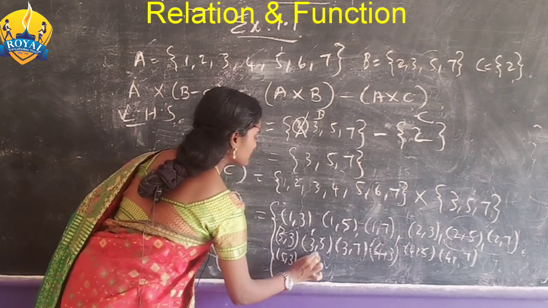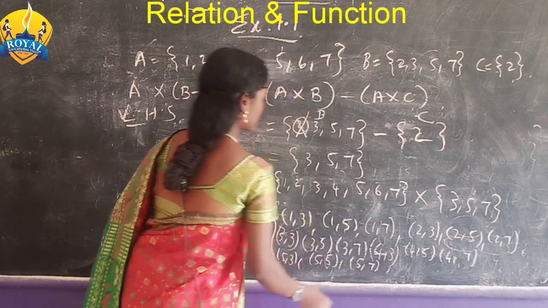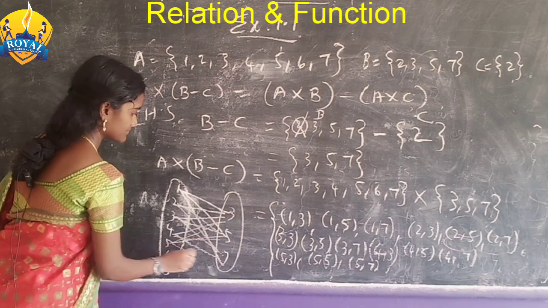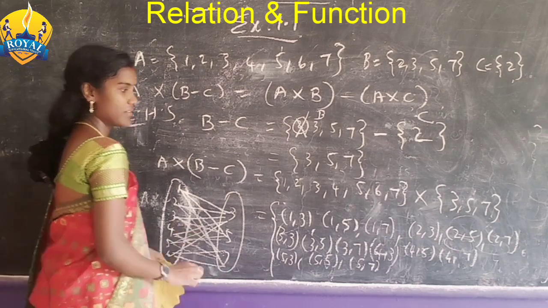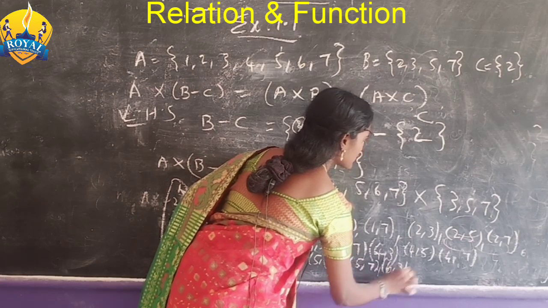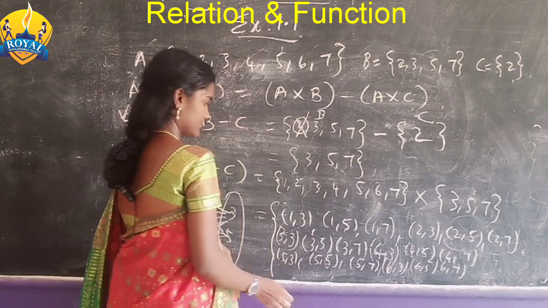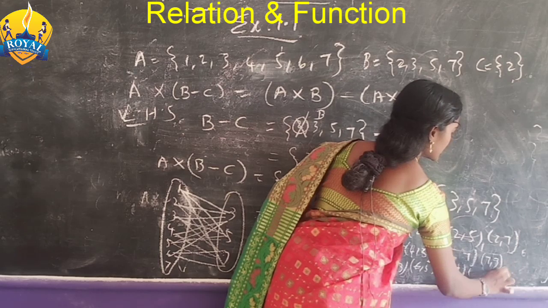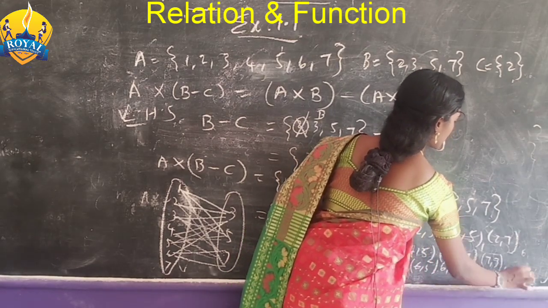Like this. (6, 3), (6, 5), (6, 7). Then the last one is (7, 3), (7, 5), (7, 7).